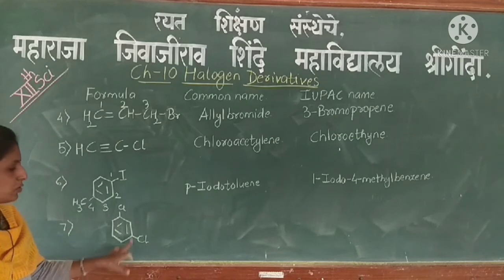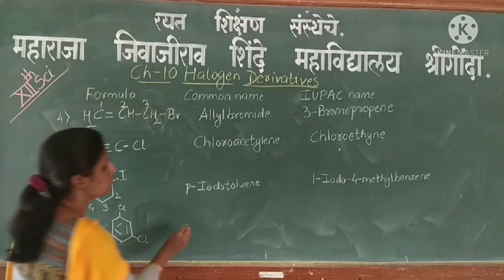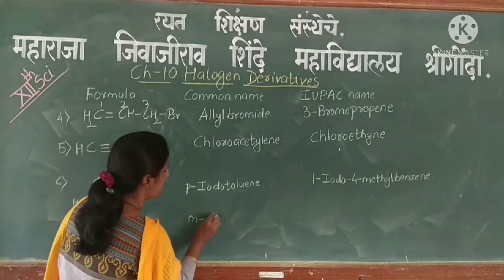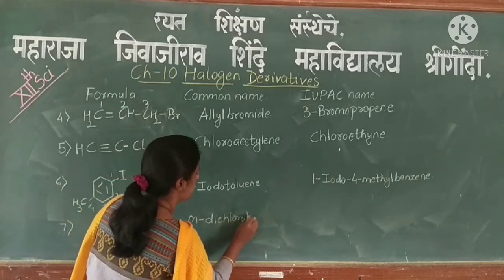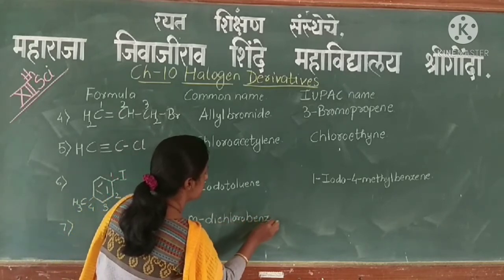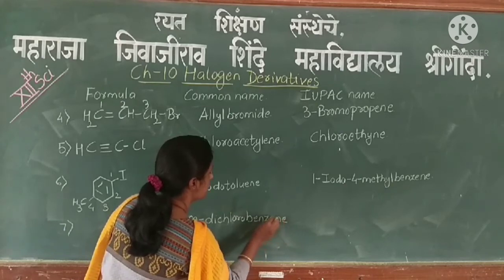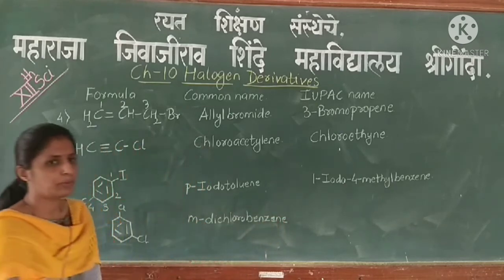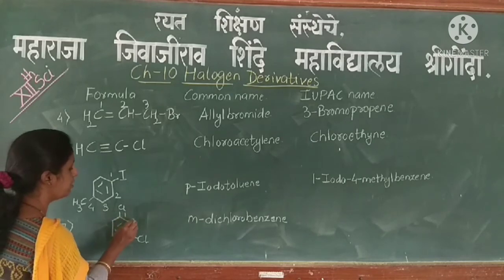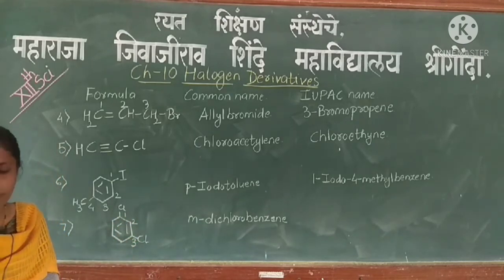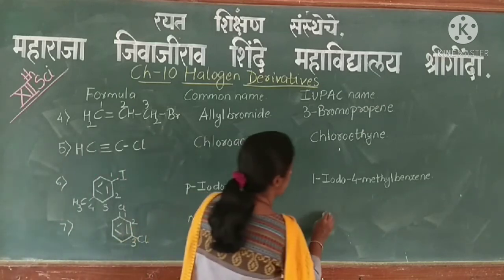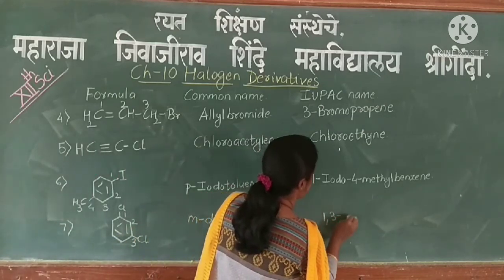Now the last example. This has two substituents meta to each other, so it is meta-dichlorobenzene. Let's write the IUPAC nomenclature. 1, 2, 3.